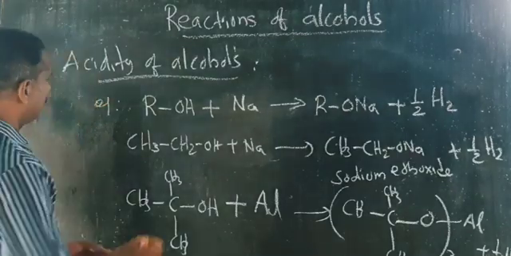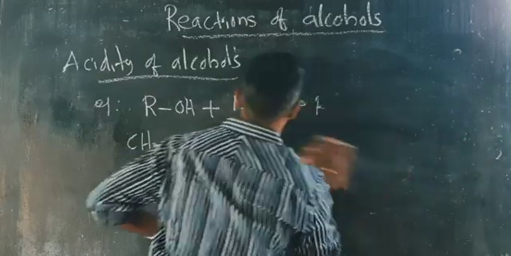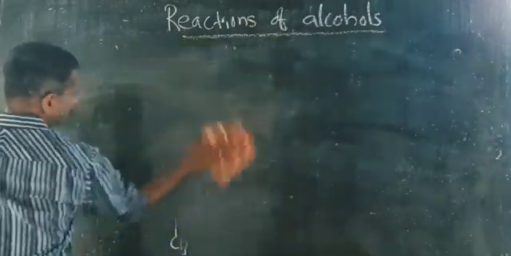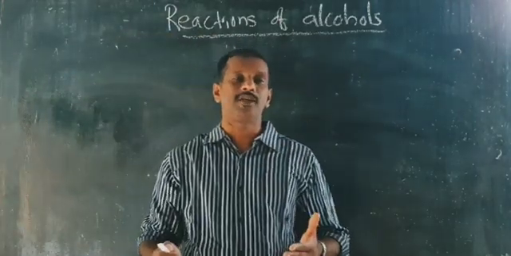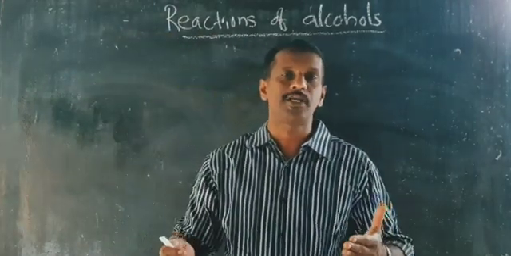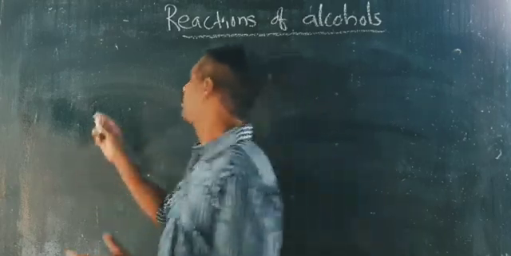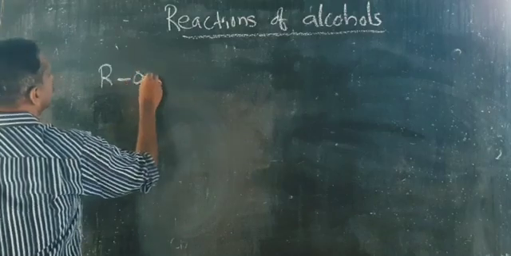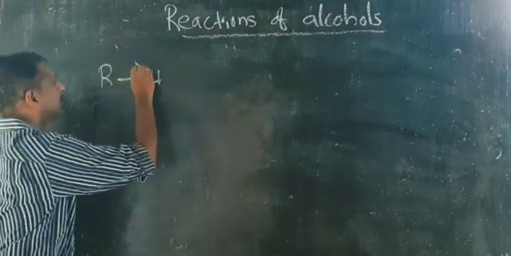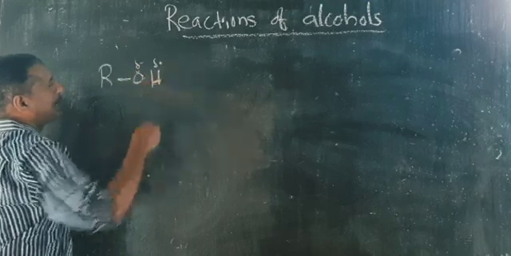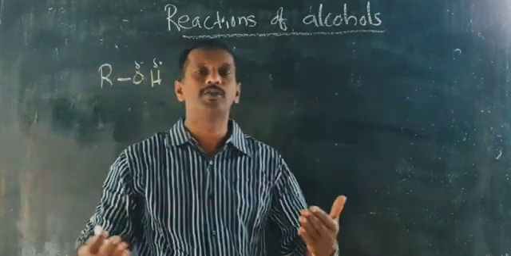I have told you that alcohol is weakly acidic in nature. First, we can discuss the reason for the acidity of alcohol. If you take ROH, you can see that this OH bond is a polar bond. Oxygen is partially negative, and hydrogen is partially positive. That means there is a chance of producing H plus ion.